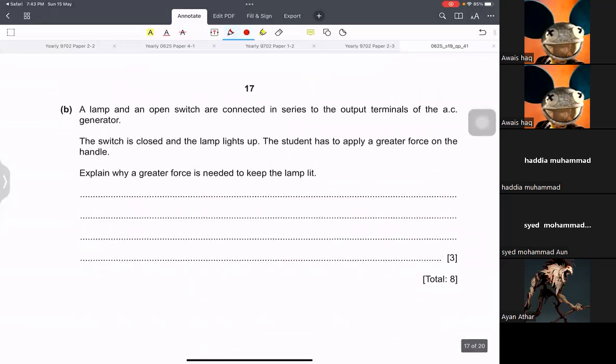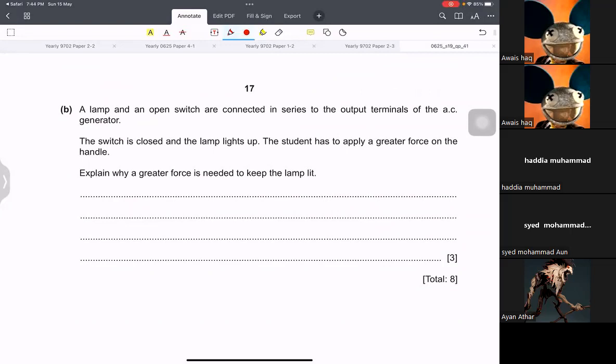A lamp and an open switch are connected in series to the output terminals of an AC generator. The switch is closed and the lamp lights up. The student has to apply greater force on the handle. Explain why greater force is needed to keep the lamp lit. Okay. This is now Lenz's law he's asking about, right?